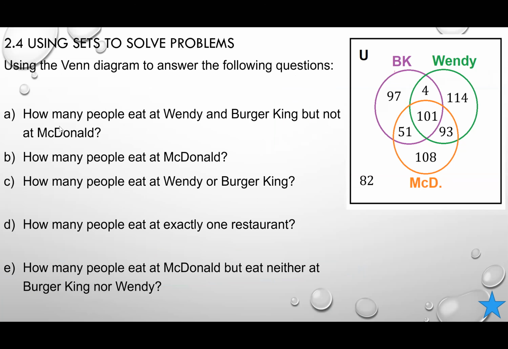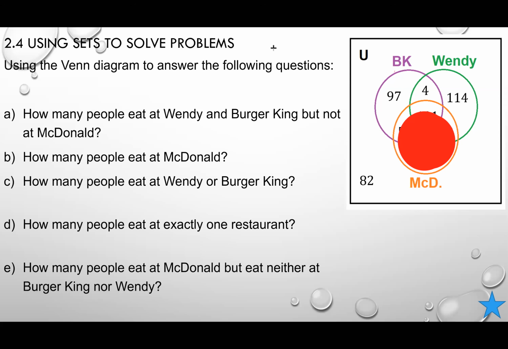How many people eat at Wendy's and Burger King, but not McDonald's? So remember, Wendy's and Burger King, but not McDonald's, meaning anybody who is in McDonald's circle, you have to erase them out, right?